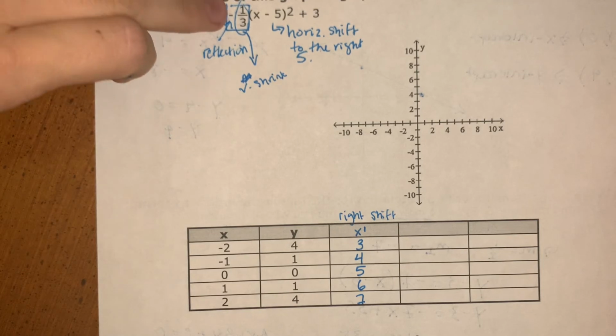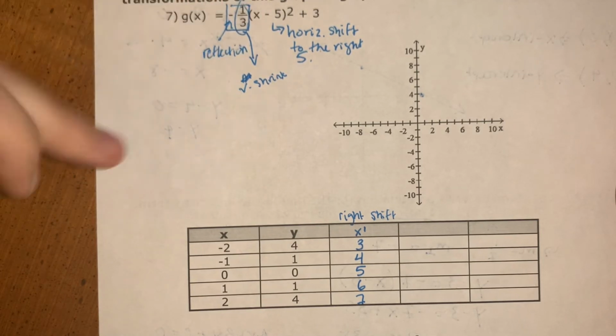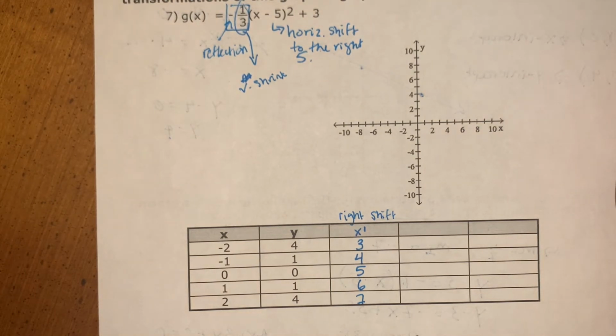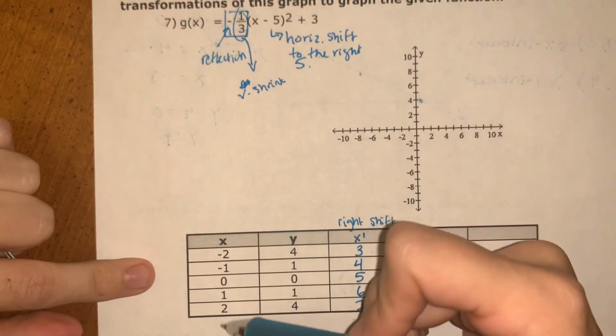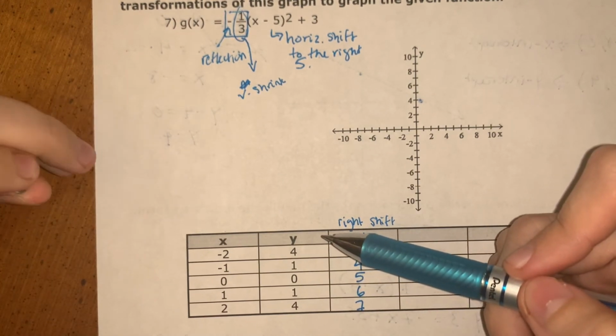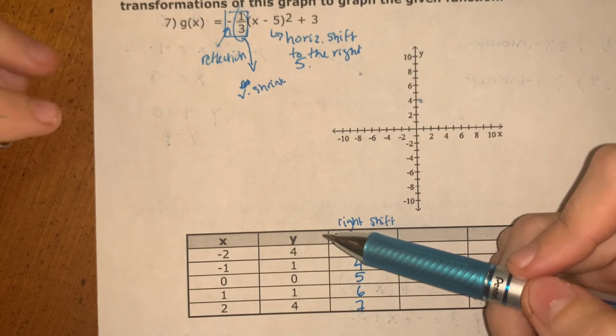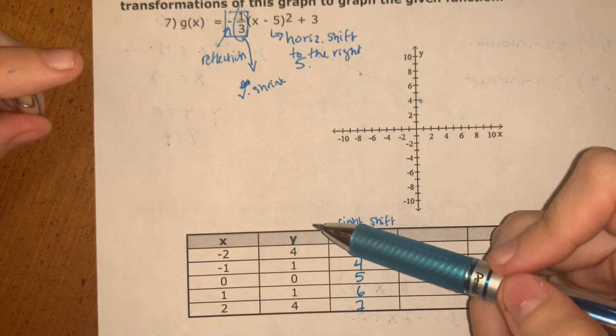And since we're doing this reflection, I'm just going to multiply my Y values by -1/3 so we can capture the reflection transformation as well as the vertical shrink. So you can do it all in one step, okay? So again, vertical shrink, we're not touching the X, we're touching the Y's. So I'm going to multiply all my Y values by this -1/3.